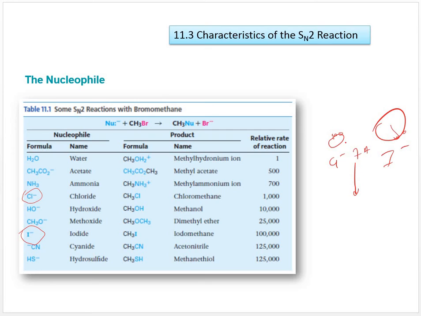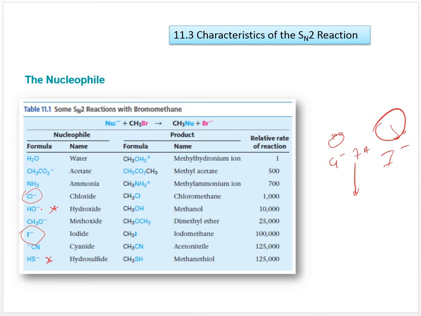Because the distance between the nucleus and the last shell is greater for iodine. So as the size increases, we can also see in 6A, for example, if you compare hydroxide versus hydrosulfide, hydrosulfide is more nucleophilic than hydroxide. Why? Because sulfur is larger than oxygen in terms of size.